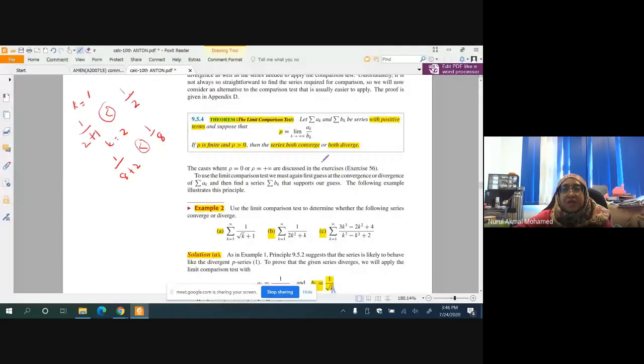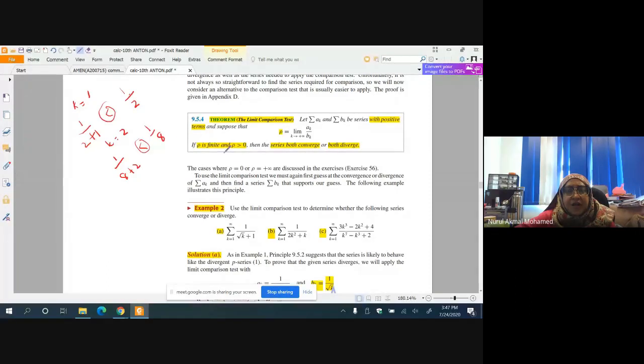And then we go to the limit comparison test. Rho is equal to the limit of AK divided by BK.